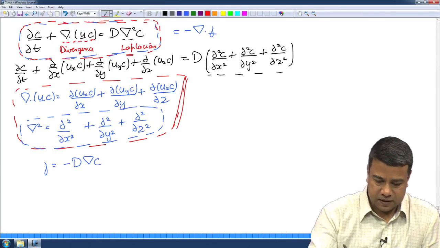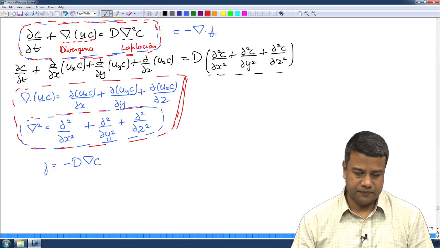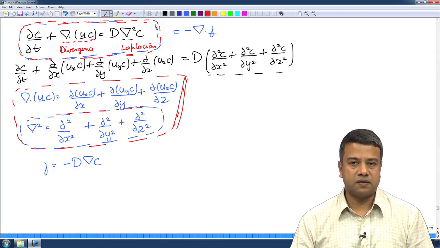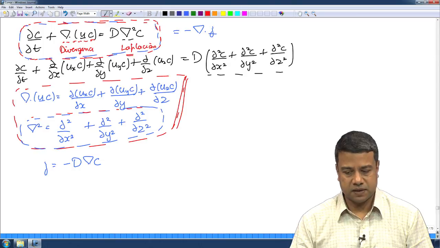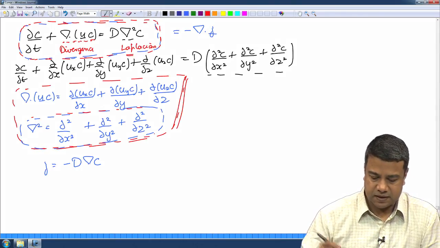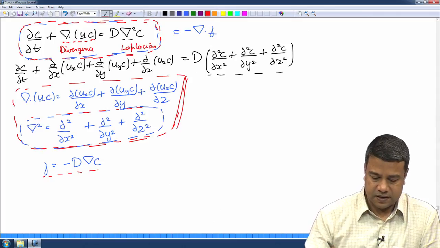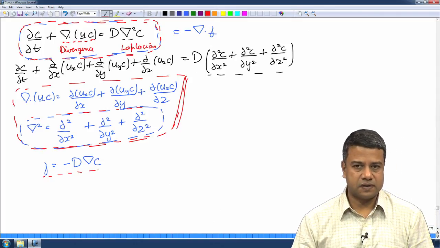And I had expanded out that convective part in a Cartesian coordinate system for you. The diffusive part was the diffusion coefficient times the Laplacian of the concentration. Once again, the Laplacian is the second derivative in the three directions. The diffusion flux is equal to minus D times the gradient of the concentration.